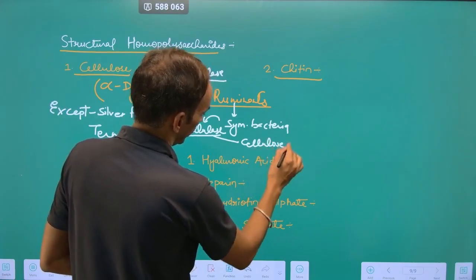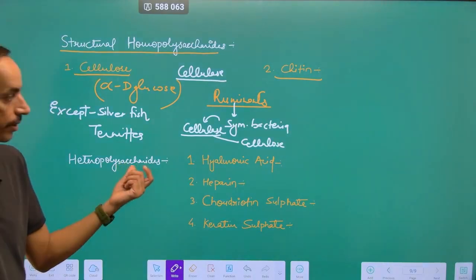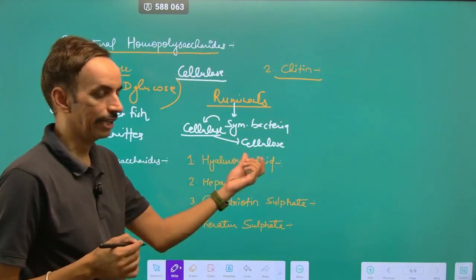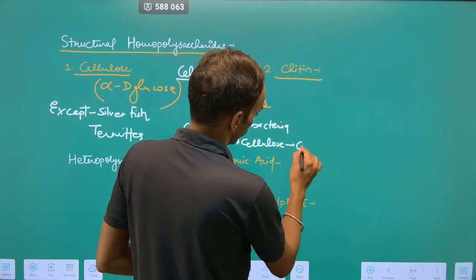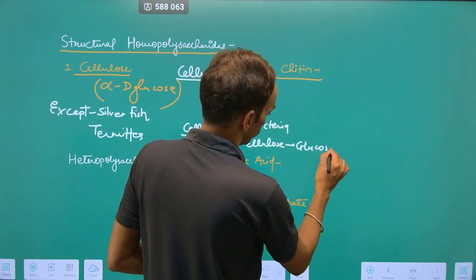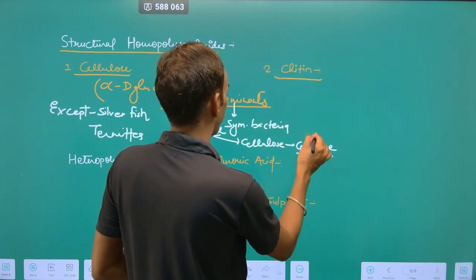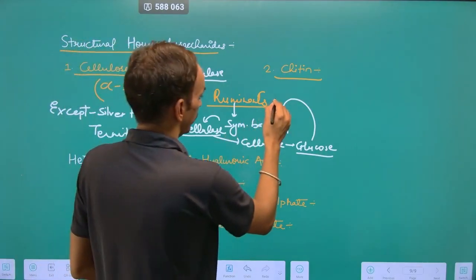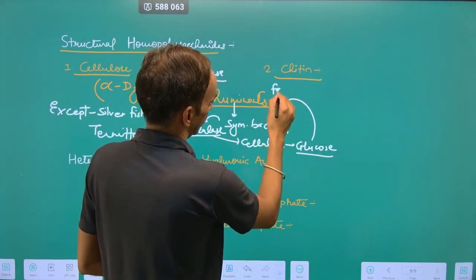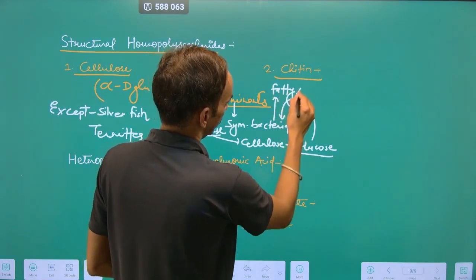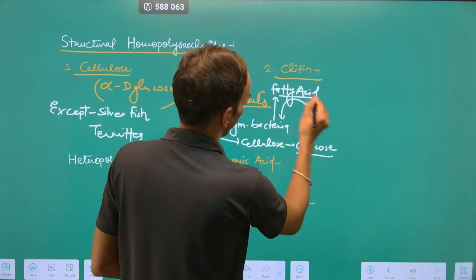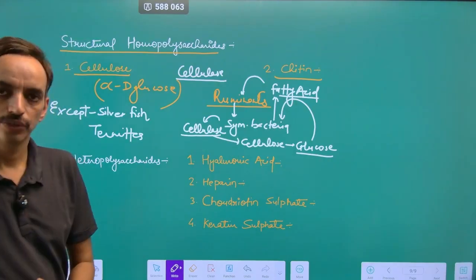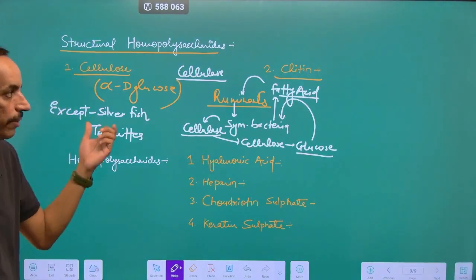As we all know that it is a polymer of alpha D glucose, so it will break down this cellulose into glucose. Then this glucose is utilized by the bacteria for their metabolism, and as a byproduct, these bacteria release fatty acids. These fatty acids are of no use for the bacteria, but they can be utilized by the ruminant for energy generation. So this is all about cellulose.